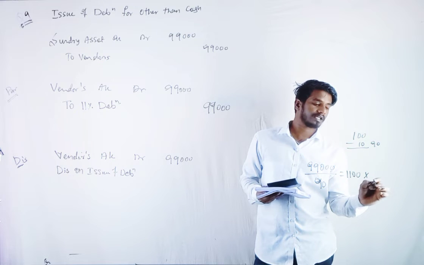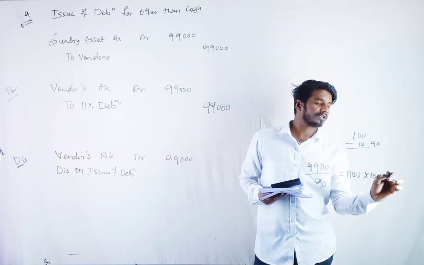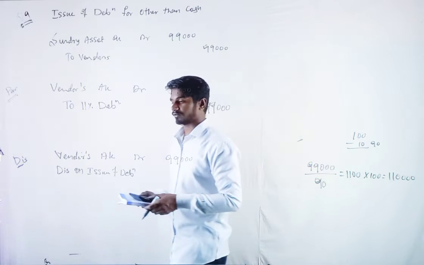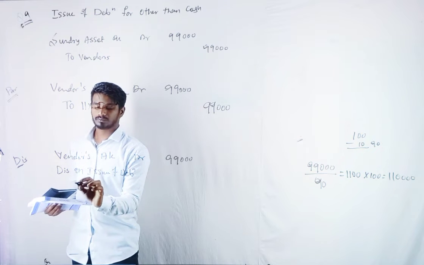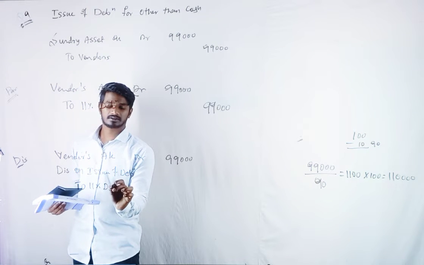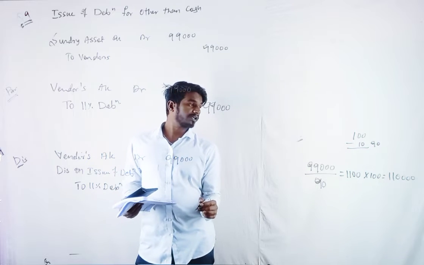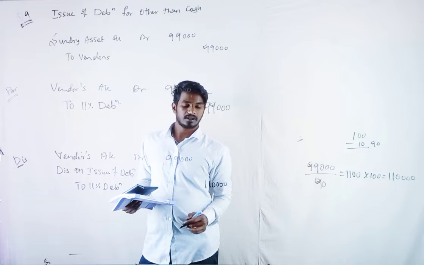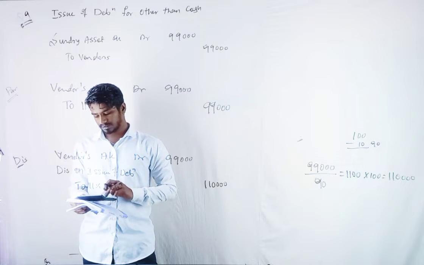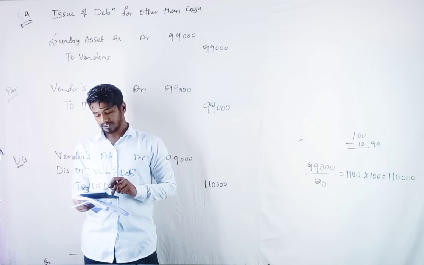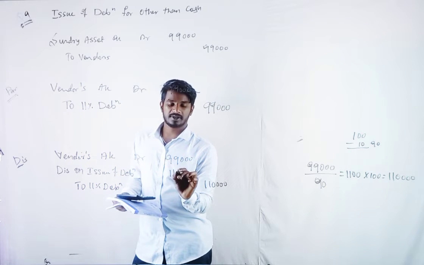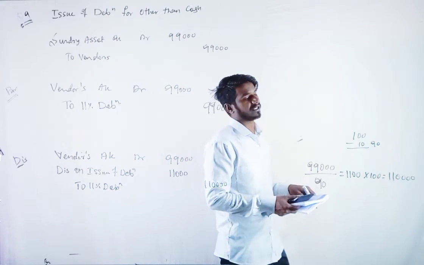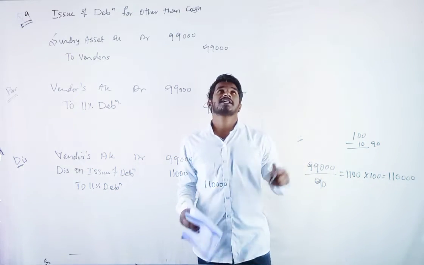Into face value 100, it comes to 1,10,000. The 11% debenture will be 1,10,000. Out of 1,10,000, a 10% discount is 11,000.